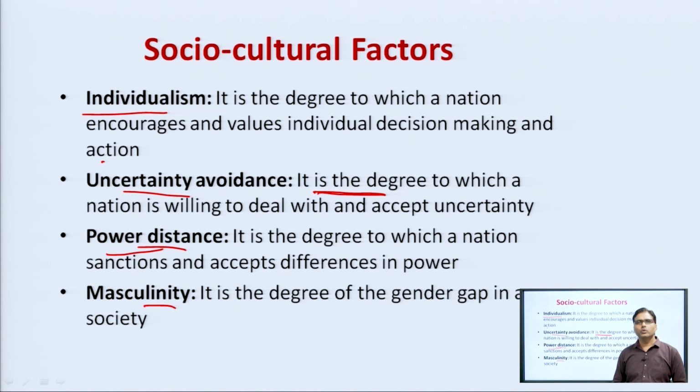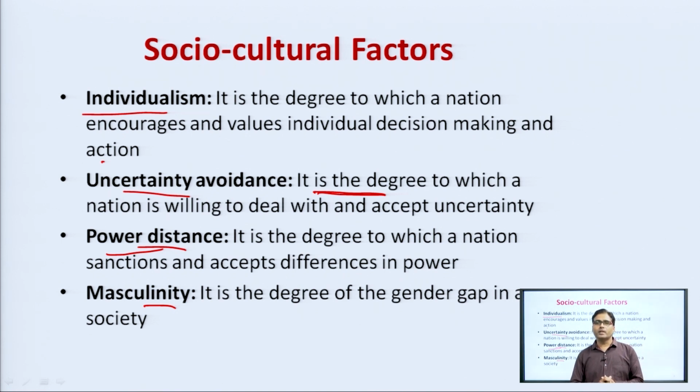If you are in a host country where there is a large power distance, then it will be difficult for you to pursue the business, or there should be less power distance, so that there can be fewer differences. Less difference means good decision making.